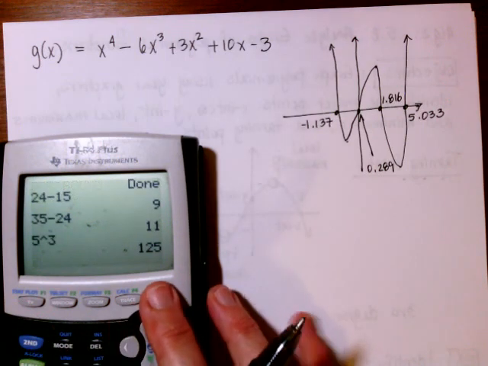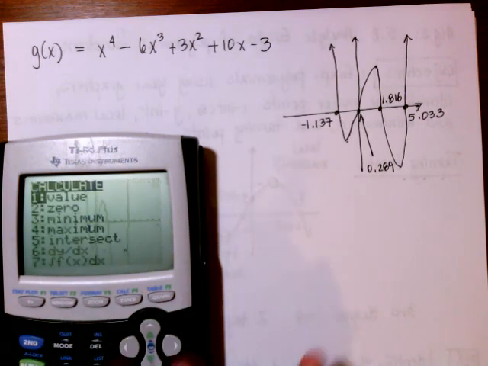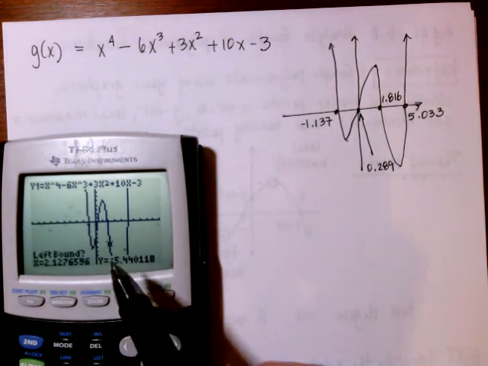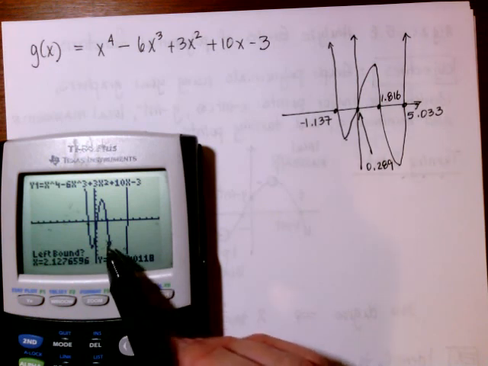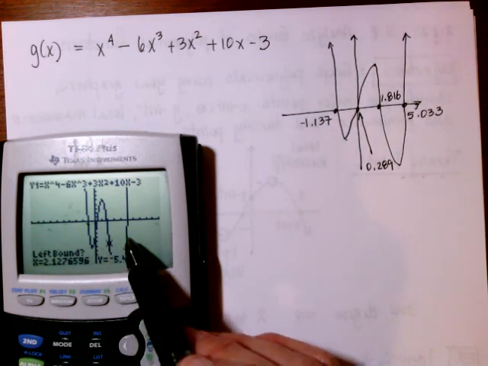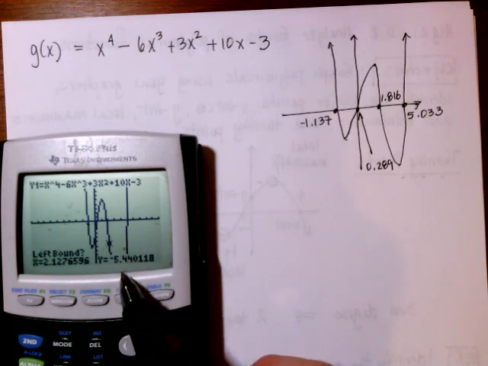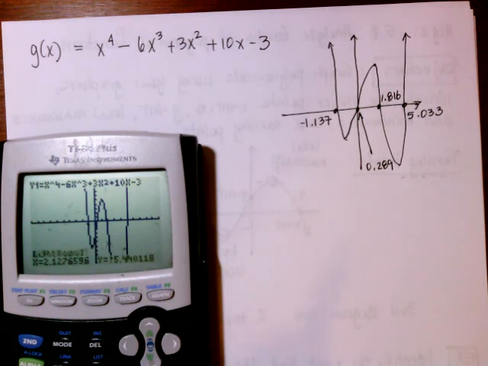Uh-oh, made a mistake. Go back to my graph. So I'm going to do second, calculate minimum again. The hard part, oh, I did the wrong side first. When I can't see the bottom of the graph, I'm going to pick a point here, and then I'm going to just go up here, and the calculator will find that vertex that's down here that we can't see. So enter. I did right first. That's why it didn't work.